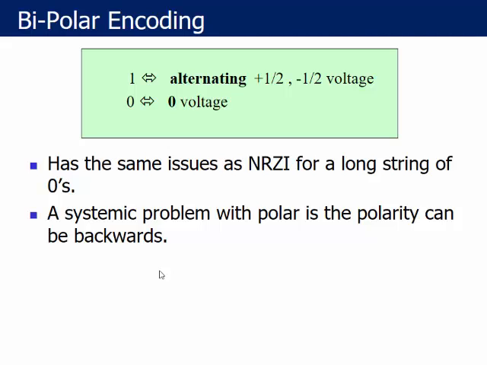So halfway, positive one half and negative one half. Whatever the voltage is, we want to reduce it, we want to use half of that. If there is a 0 bit, then no voltage. Okay, so this is similar to the non-return to zero inverted algorithm, but this is polarized.